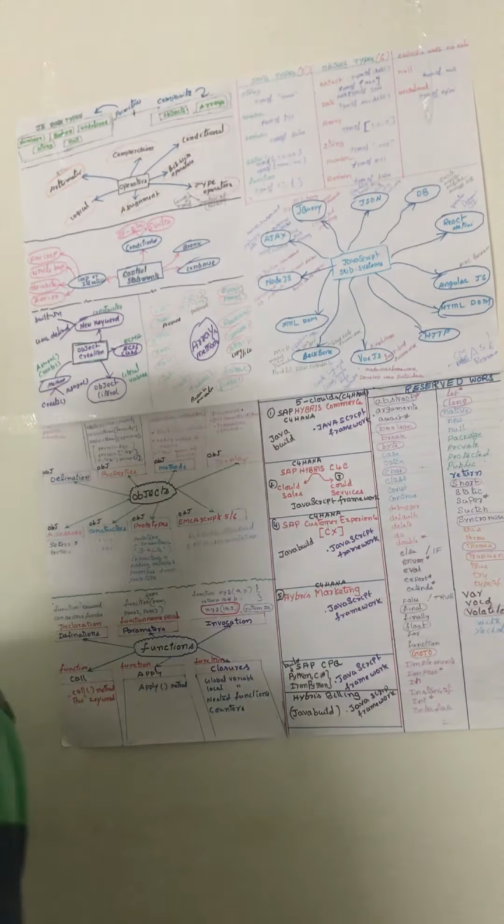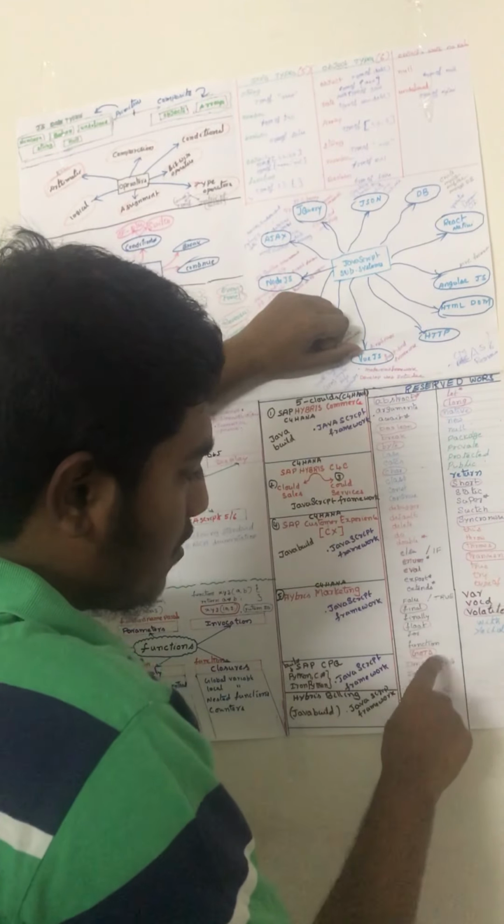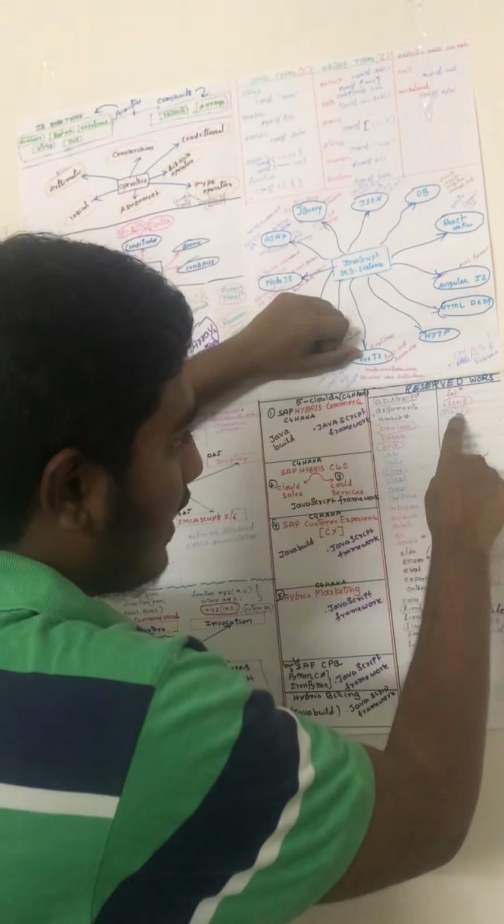There are some words which are rounded off like abstract, boolean, byte, char, final, float, goto, long, native, short, synchronized, throws, transient and volatile. These words that I told now are removed in the latest version of ECMA.